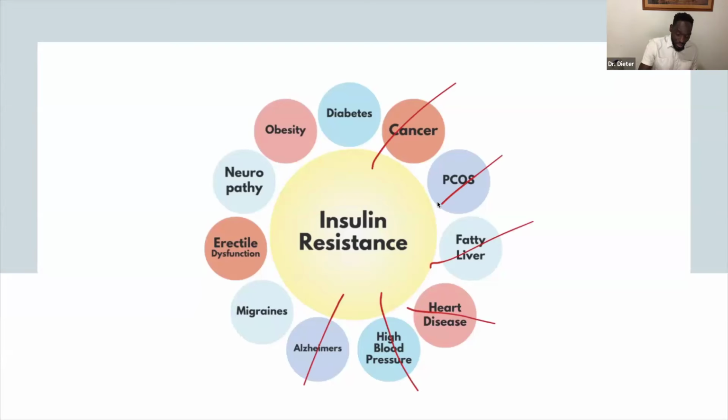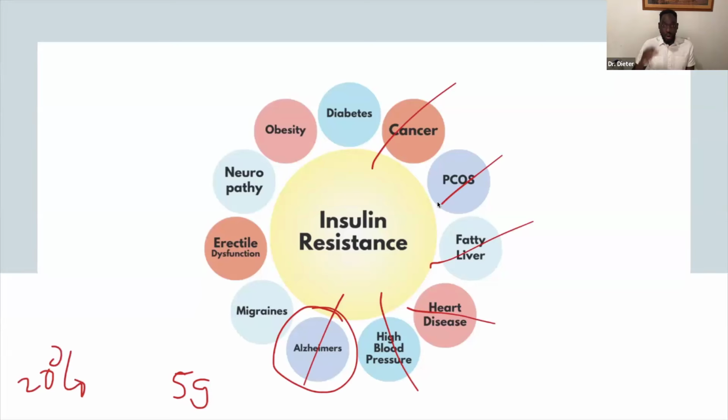The brain is one of the most energy hungry organs of the body. Even though the brain weighs only about 5 grams, the brain utilizes about 20% of the body's energy. About one quarter, 25% of the body's energy is the brain.